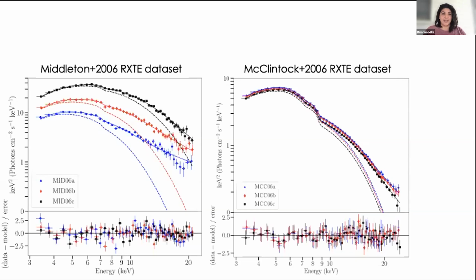And the biggest differences are that the Middleton et al. data selections are varied in luminosity from 30% the Eddington luminosity all the way to 90% the Eddington luminosity. And the McClintock et al. observations specifically chose observations that were at or less than 30% the Eddington luminosity, so that you don't run into this problem of the underlying assumptions in the accretion disk models breaking down as you go to higher and higher luminosities.